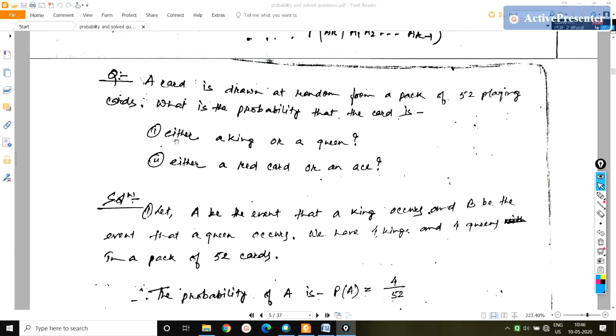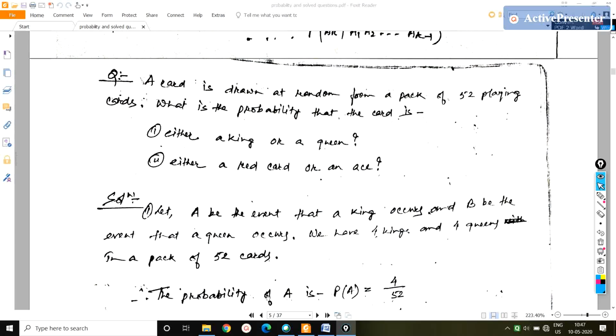That is, we want to find whether the card drawn is either a king or a queen. So let capital A be the event that a king occurs and B the event that a queen occurs. So we have to identify the events A and B, and then how many kings are there? There are 4 kings and 4 queens in a pack of 52 cards.